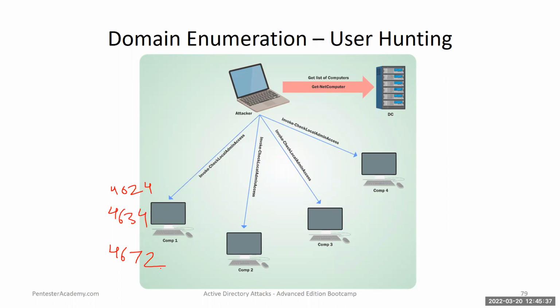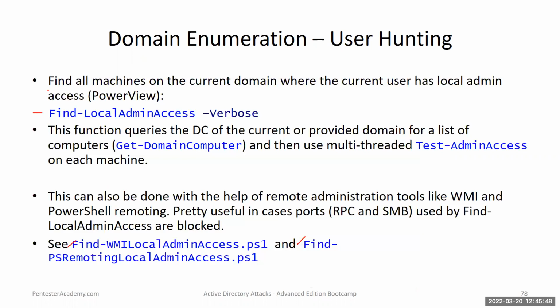So the ideal way of using this is against a couple of hundred machines at a time, not more than that. The difference between these is that this uses a handle to SCM, this uses WMI, and this one uses PowerShell remoting to check if you have access on the machine.